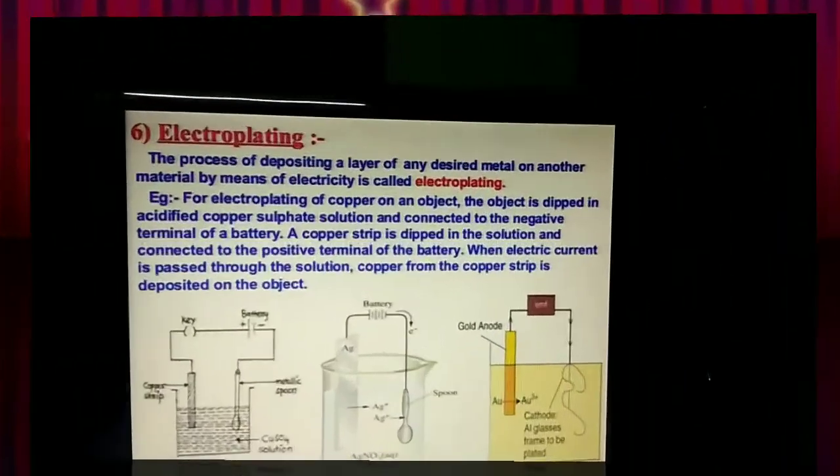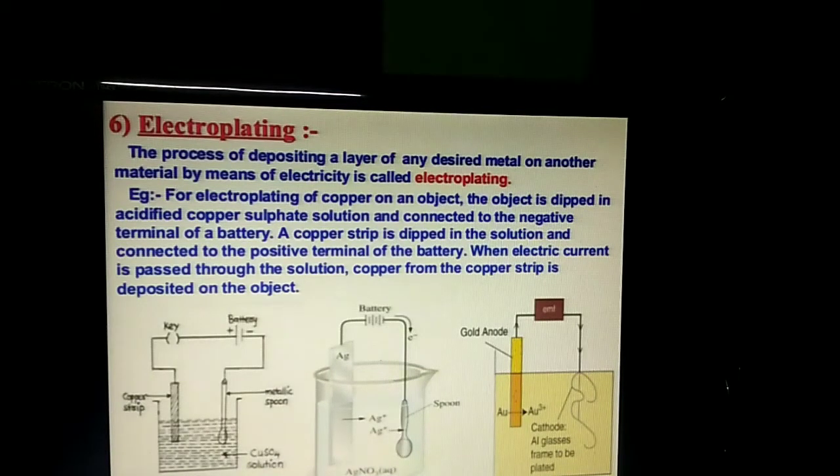What is electroplating? The process in which a layer of one metal is deposited over another metal by the process of electrolysis is called electroplating. So the process of depositing a layer of any desired metal on another material by means of electricity is called electroplating.